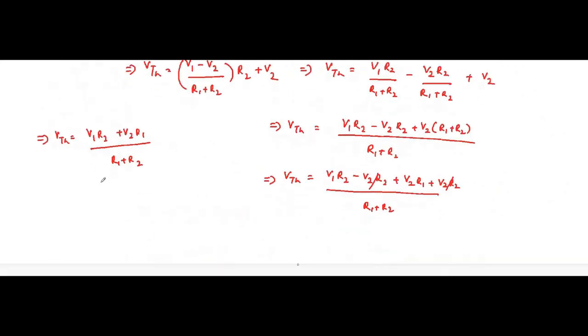In order to bring it into that format, let us divide R1 R2 in both the numerator and denominator, that is V1 R2 plus V2 R1 divided by R1 R2, by R1 plus R2 divided by R1 R2.